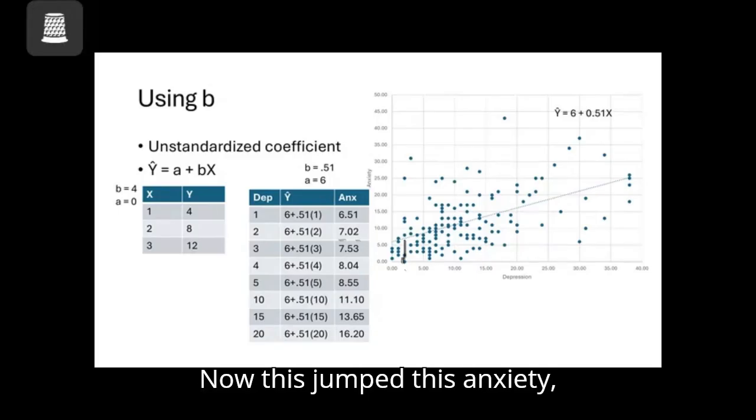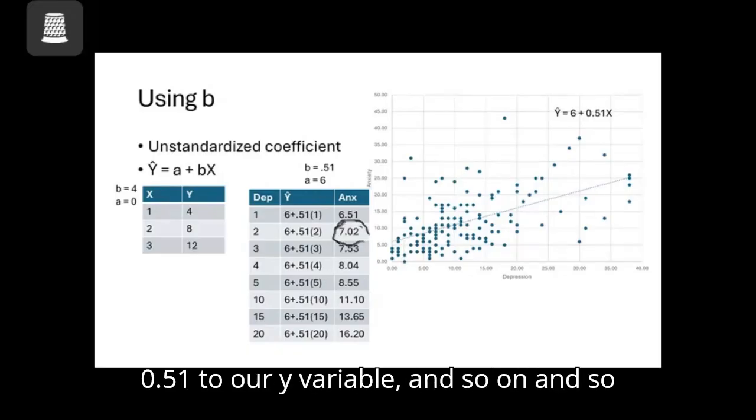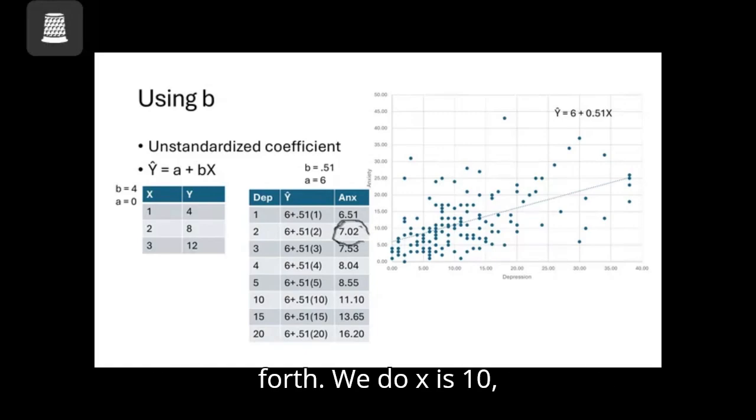Now this predicted anxiety score jumped by 0.51. Same thing: add 1 to our X variable, we add 0.51 to our Y variable, and so on and so forth. We do X is 10, Y is 10 times B plus 6, so 11.1.